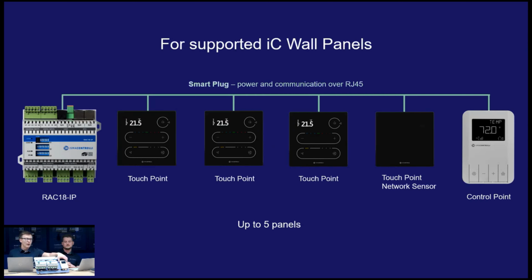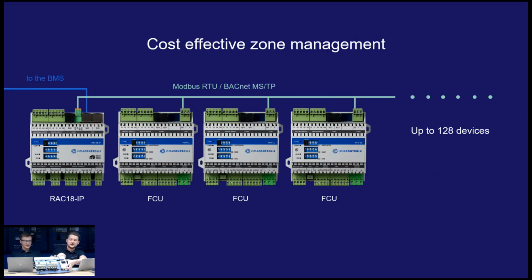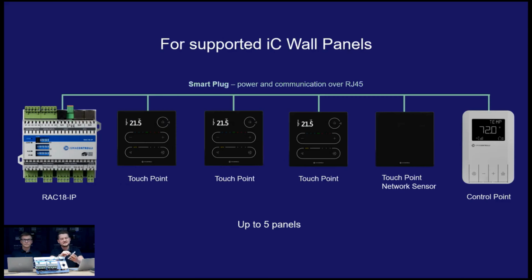We've got 1 physical device on our demo set, which is also connected using the smart plug connectivity. I think we can show that to everyone. When we detach the wall mounting control point panel, it is simply connected through the RJ45 that it shares with the controller. The controller shares with the control point panel both power and communication over RJ45.